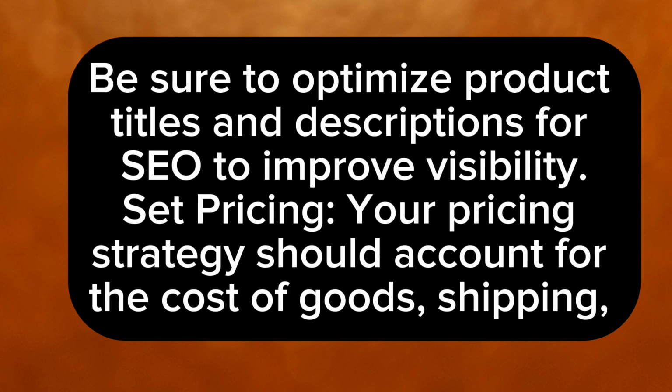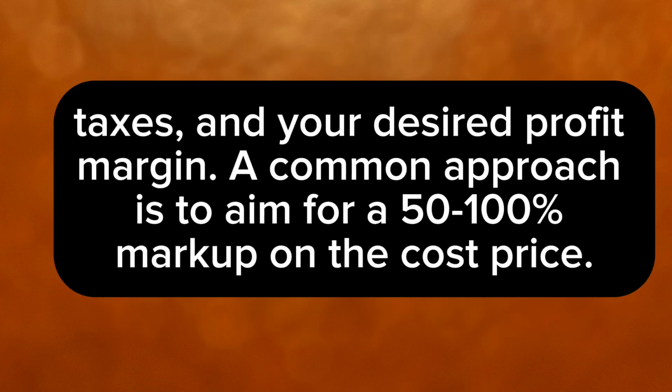Set pricing. Your pricing strategy should account for the cost of goods, shipping, taxes, and your desired profit margin. A common approach is to aim for a 50 to 100% markup on the cost price.